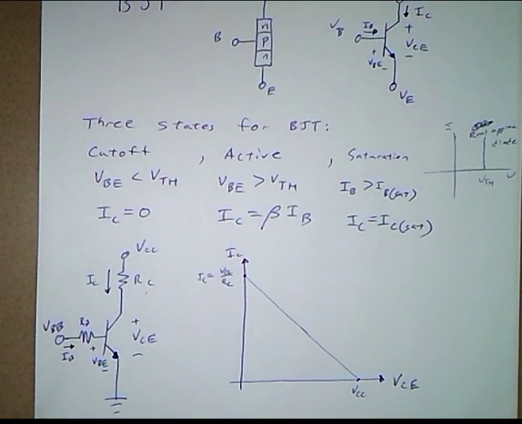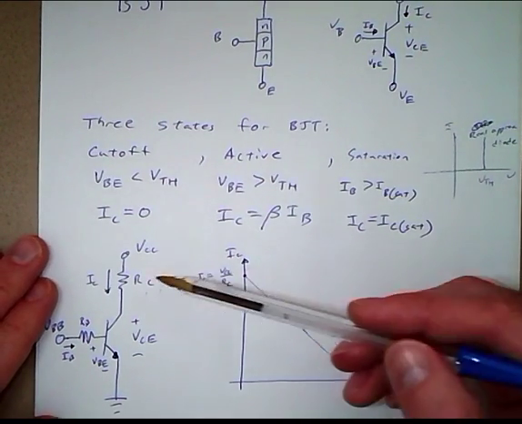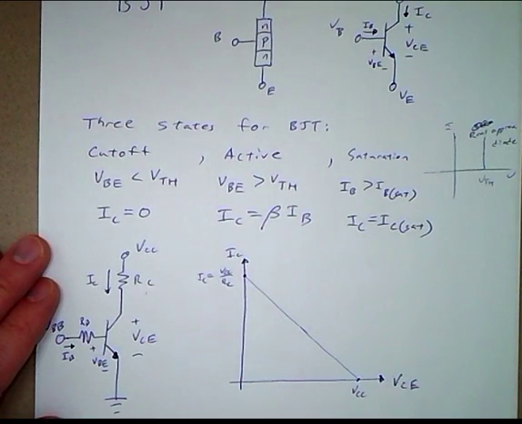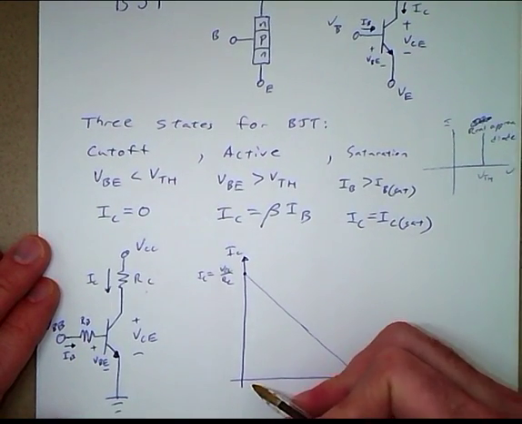Now, to see how this current changes with respect to IB, which is our input, we plot the collector current as a function of IB, and so that gives us a bunch of different lines.